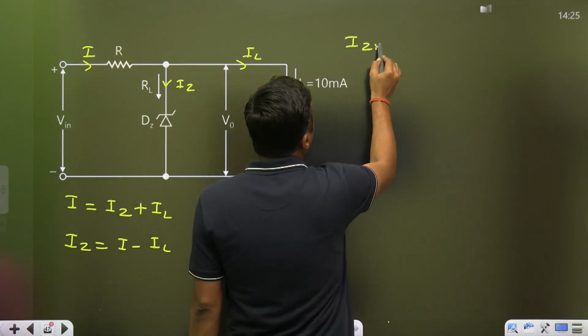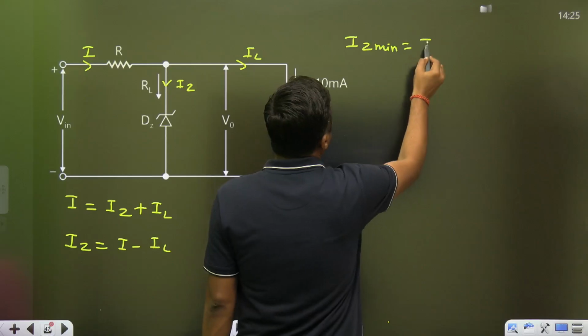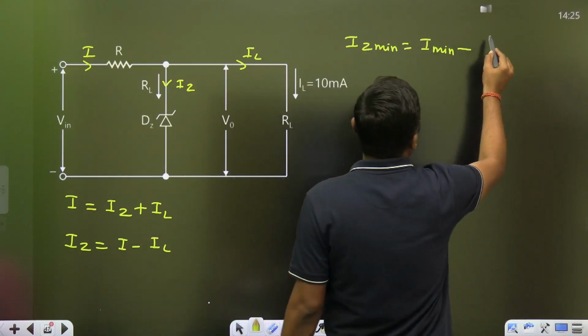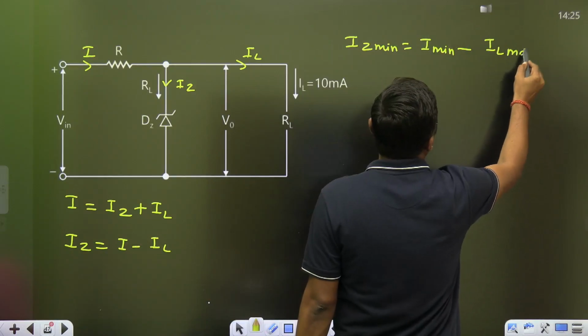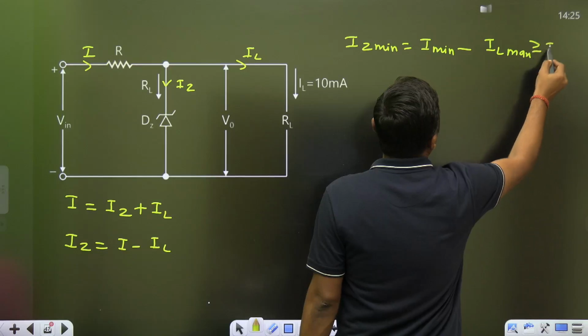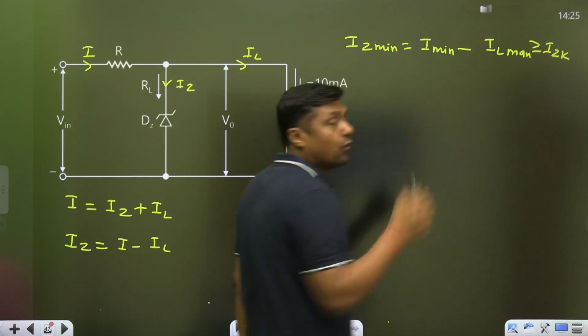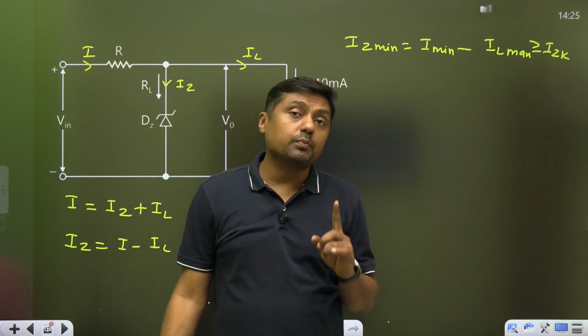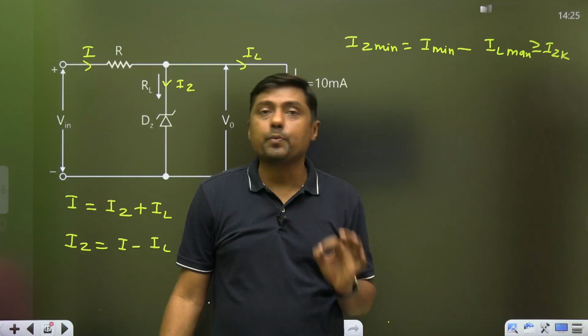Now what is the IZ minimum? IZ minimum is given when I is minimum and at the same time you are taking the maximum current here, IL maximum. This current should be greater than or equal to IZK. Why? Because Zener diode should be in breakdown region for satisfactory operation of circuit.